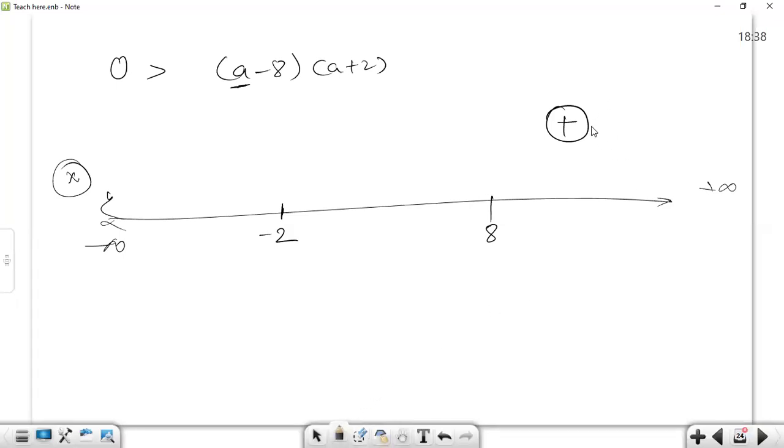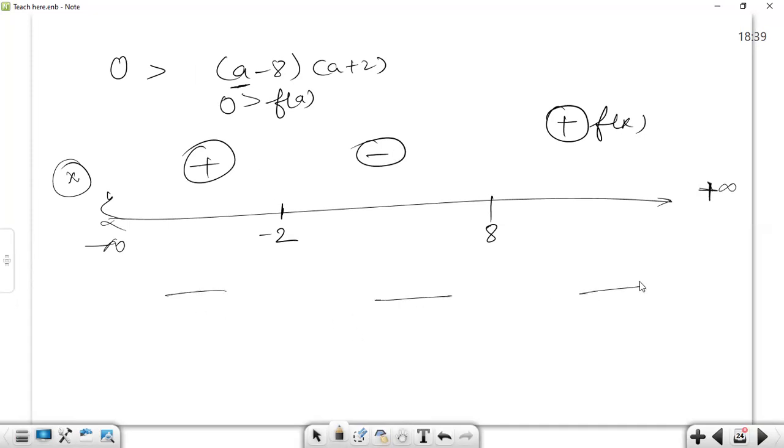So f of x is positive for this particular interval, from 8 to positive infinity, from 8 onwards. Here the function will be negative, here it will be positive. Now checking f of a should be less than 0. So what does it mean? Which section do we have to refer to?